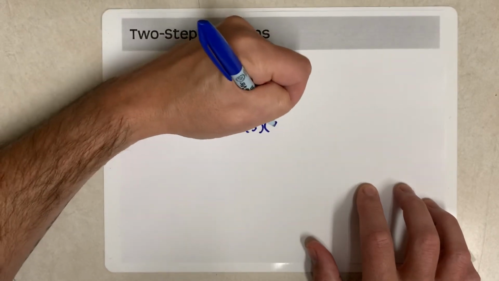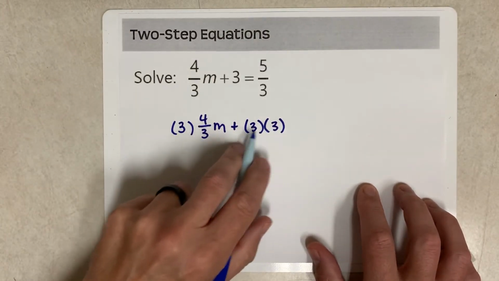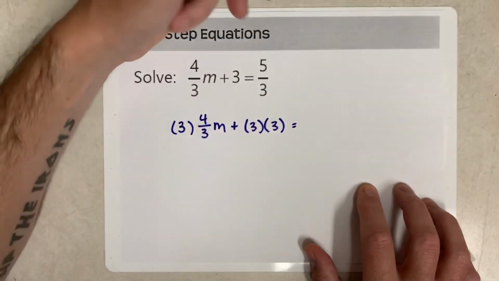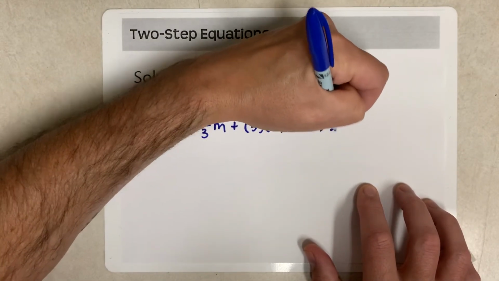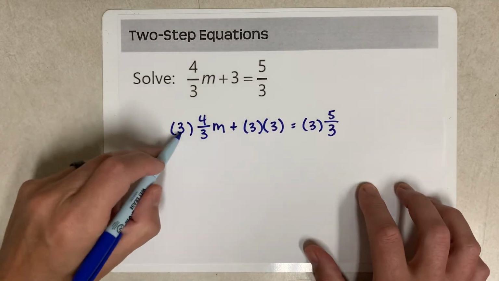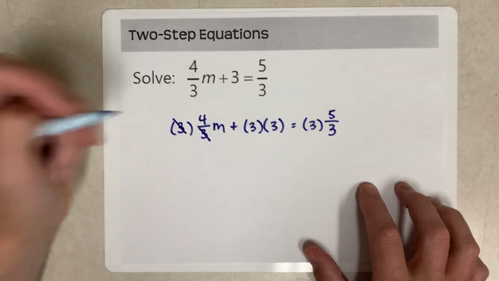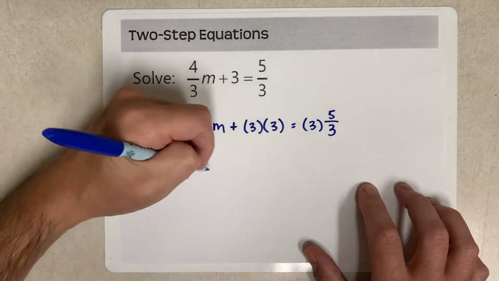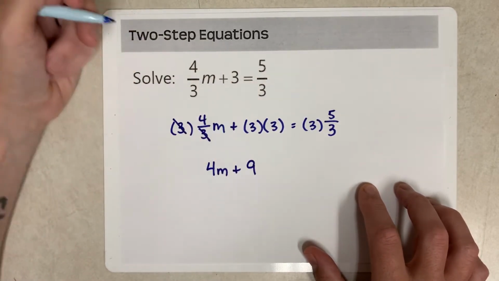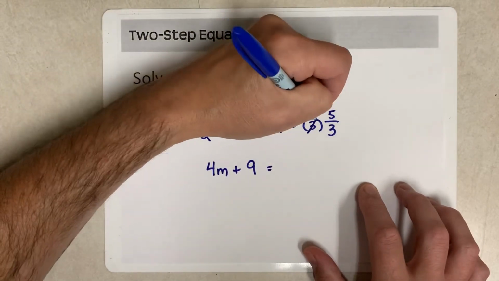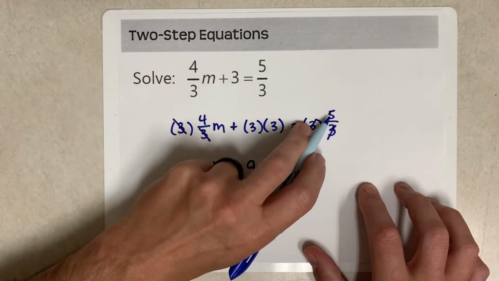I like to put parentheses around that so it's not hanging at the back, that single number, equals 3 times 5/3. These two 3s cancel, multiplicative inverses, bring down my 4m, plus 3 times 3 is 9, equals, these two 3s cancel, and I bring down my 5.